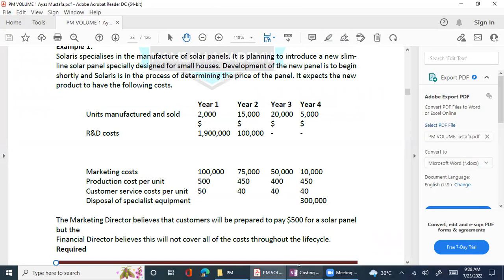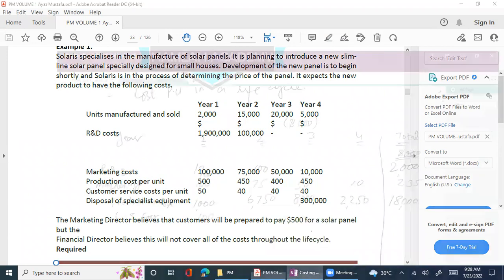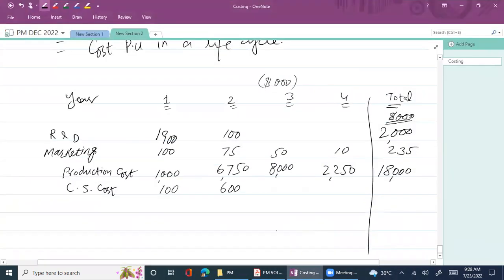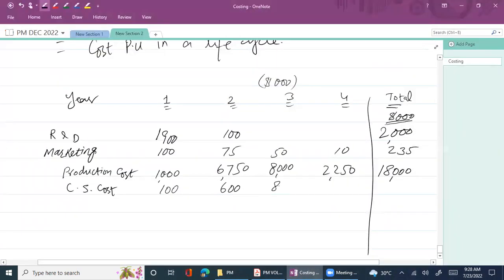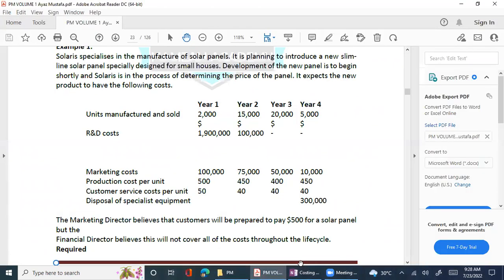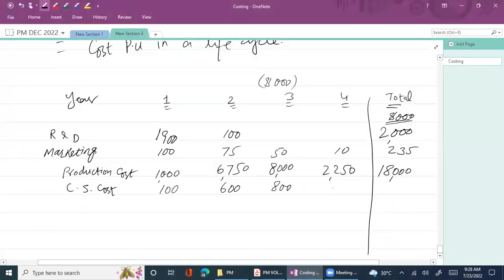This will be 100. 40 into 15, 600. 40 into 20,000, 800. 40 into 5, 200. So the total will be 1.7 million for customer services cost.